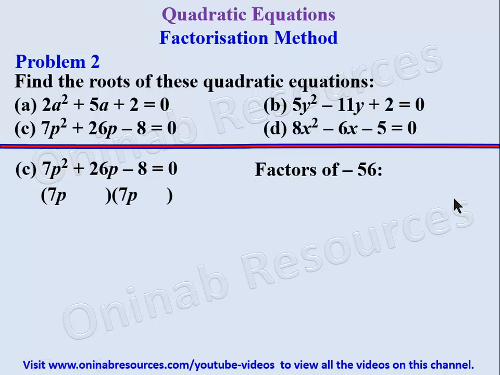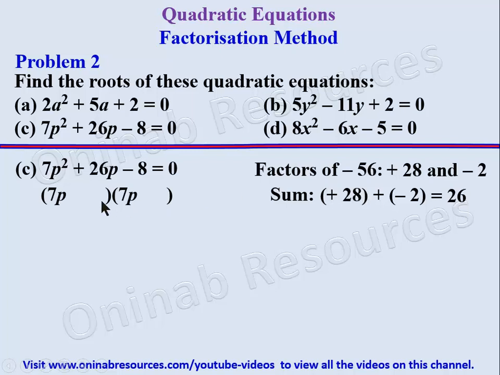So we can't go with 1 and 56. Let's try 2 and 28. Yeah, because 28 minus 2 will give us 26. Wow, the factors are 28 and negative 2, because their sum, 28 plus negative 2, will give us positive 26. Yeah, we are there. So we bring in the positive 28 here and negative 2 here equals 0.